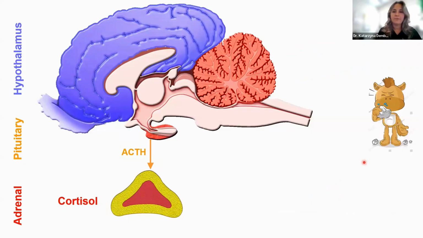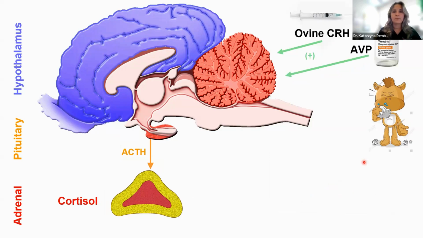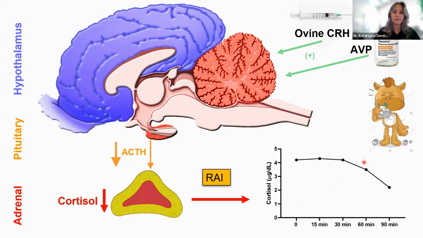Conversely, when we have a sick foal, or septic foal, or critically ill horse, when we administer vasopressin and CRH, the response of ACTH and cortisol will be significantly decreased or lower. And this is an example of a foal with adrenal insufficiency.